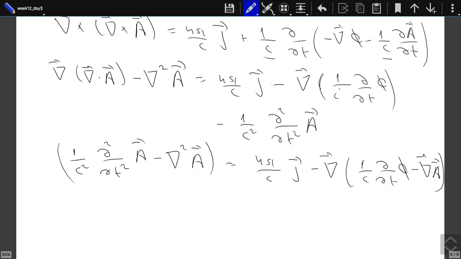This term moves to the other side with a minus sign, and I have another minus over there, so that's plus. But we set it to 0. Why? Can we? How can we set it to 0?